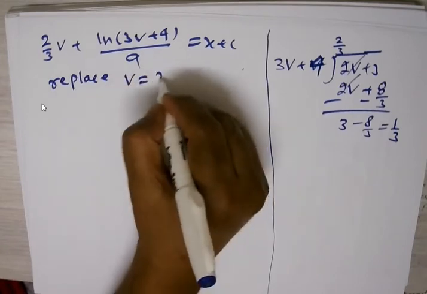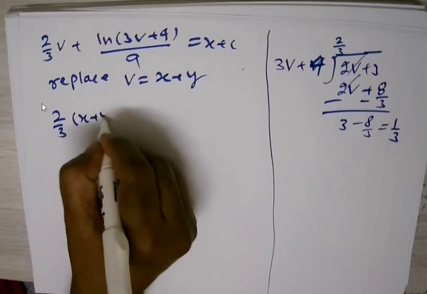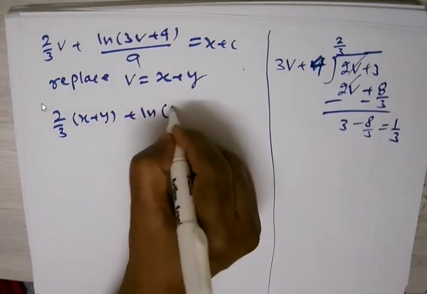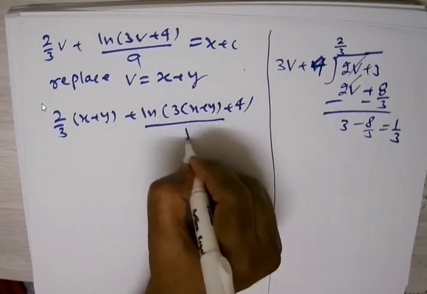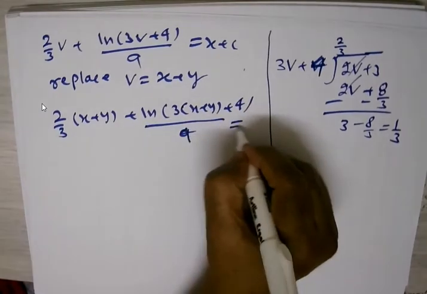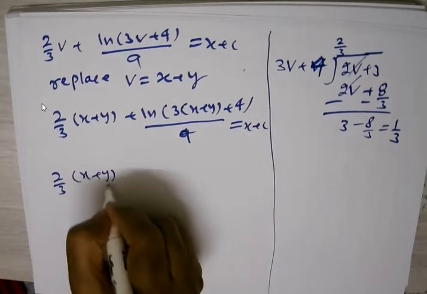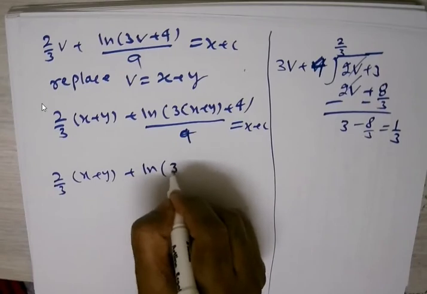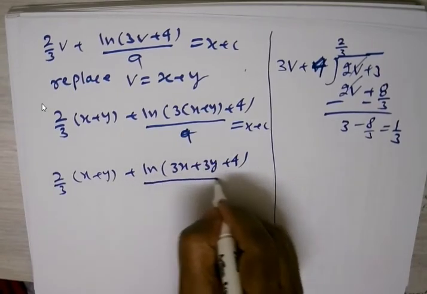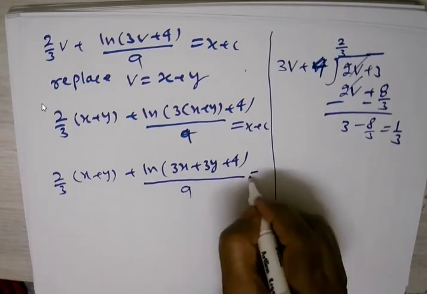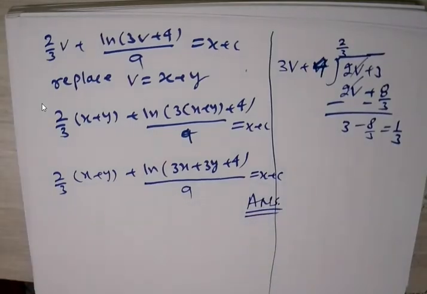What is v? v is x plus y. 2 by 3 x plus y plus ln 3x plus 3y plus 4 divided by 9 equal to x plus c. This is the answer of this non-homogeneous differential equation.